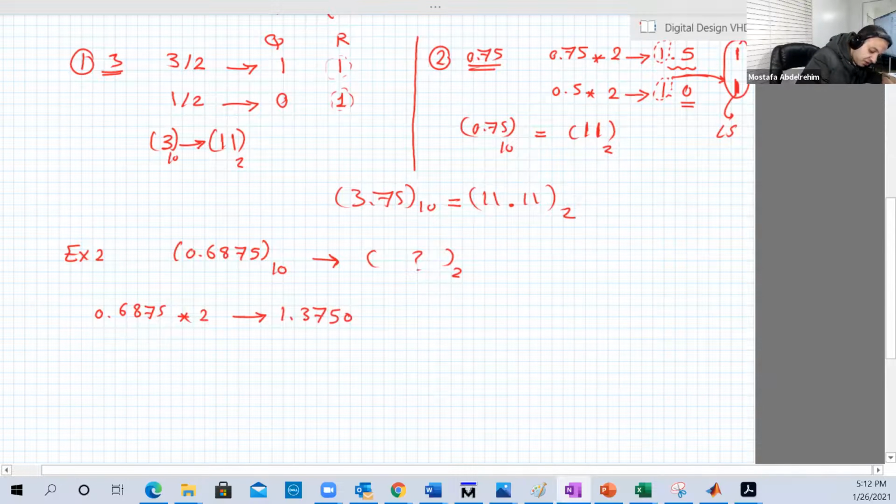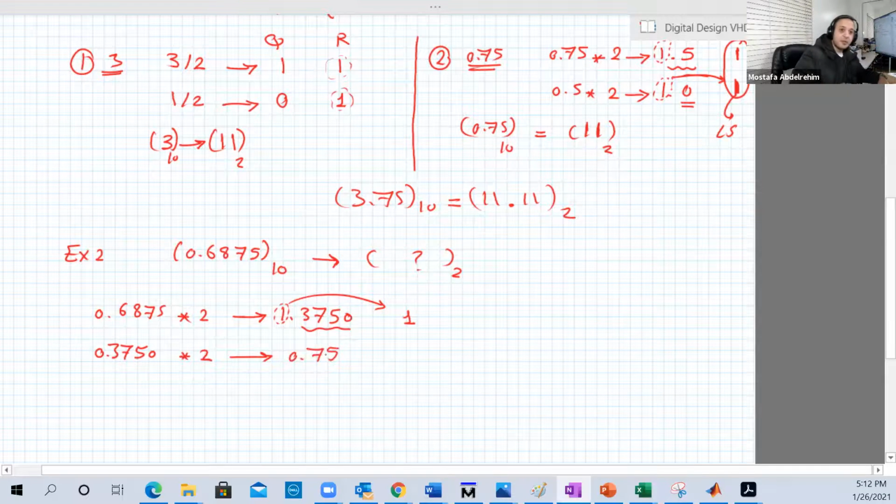We take the integer, 1. So this is the most significant bit. And then we keep continuing with the fractional part, which in that case is 0.375. We multiply again by 2. This will give us 0.75.